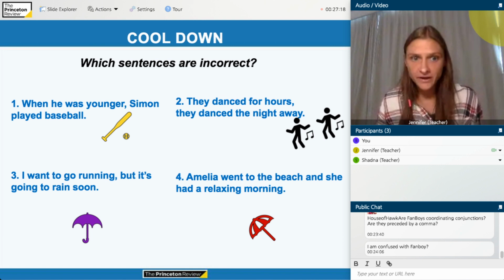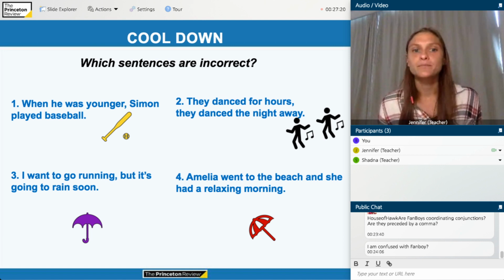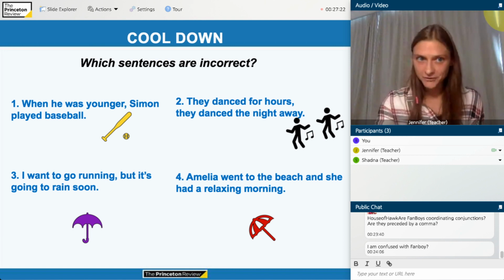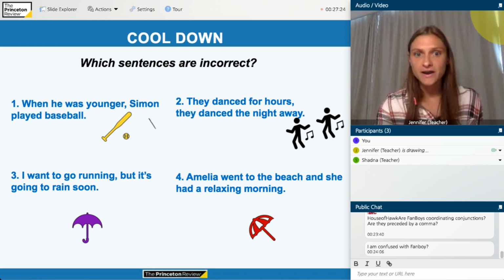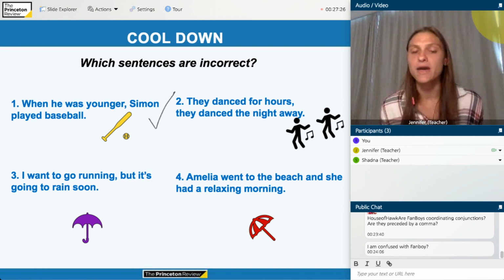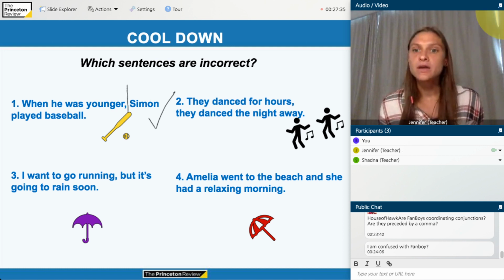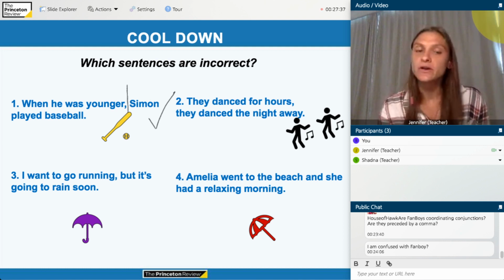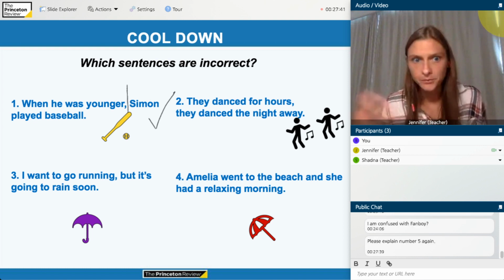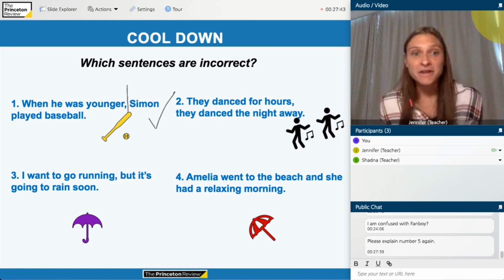When he was younger, Simon played baseball. If you said that's correct, you are correct. Why is that comma okay? Well, that comma is okay because we do not have 2 complete ideas going on. If you draw that vertical line down and you look at the first part, it just says when he was younger. There's no thing happening here. When he was younger, what?